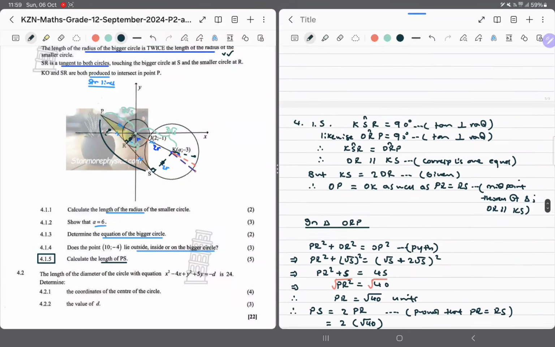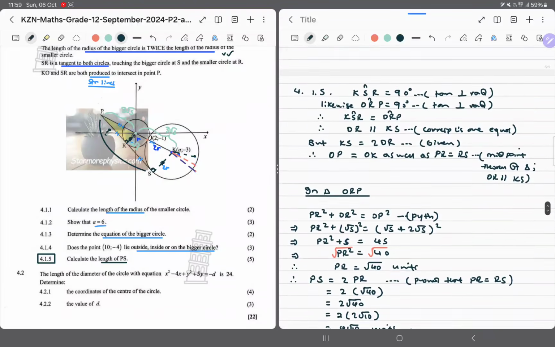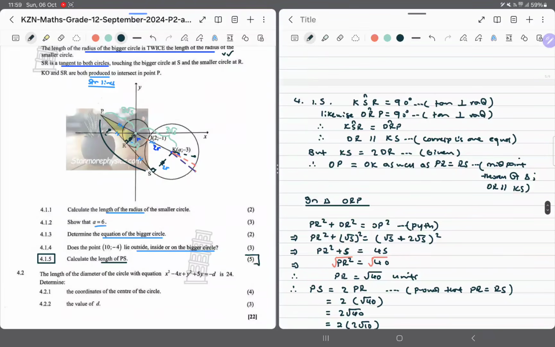So you can see, guys, this is an essay type question. It's not one that you can just walk around carelessly. Of course, there's many ways of looking at it. One can use proportionality to prove that PR is equal to this one. And how do you do that? Remember, if this line is parallel to that, we can just simply say PR over OR.